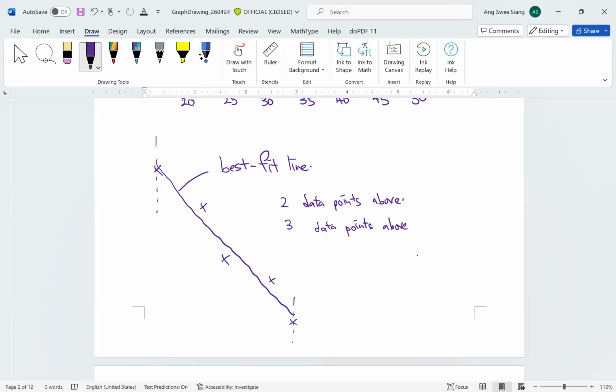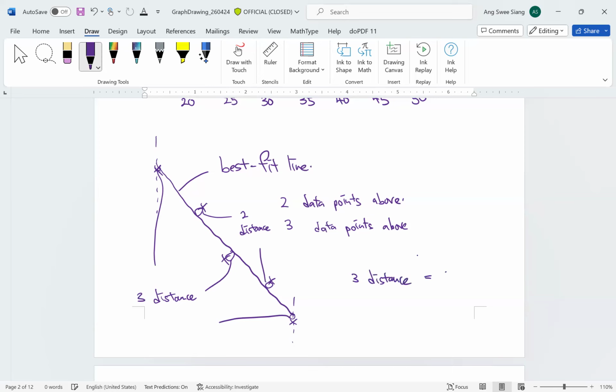Then do you realize that the distance between the data points and the line, this distance, this distance here, and all these distances, if I add these three distances from the graph, and these two distances, together they should be about the same.